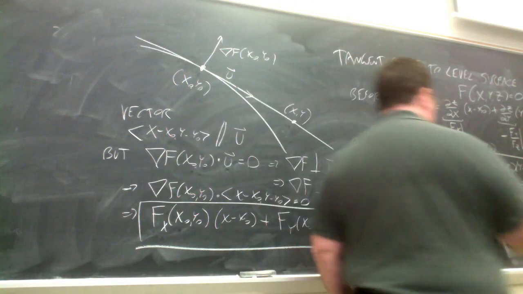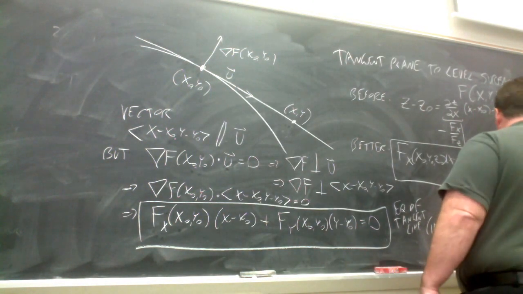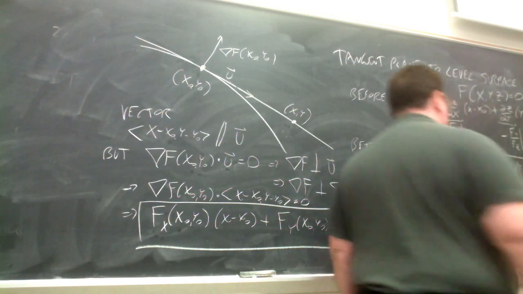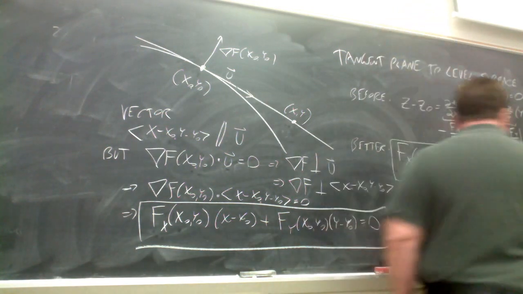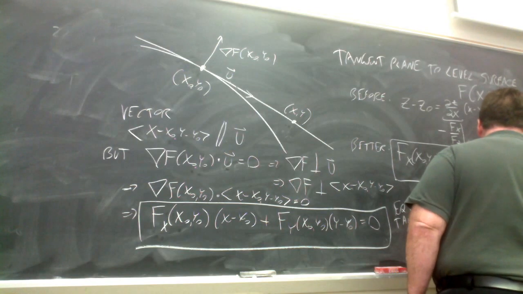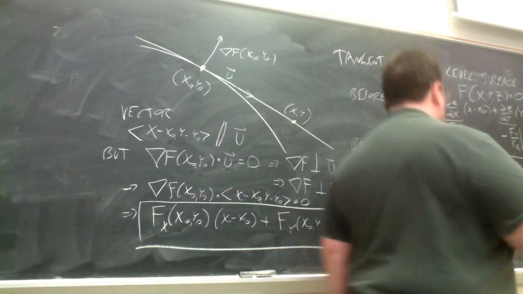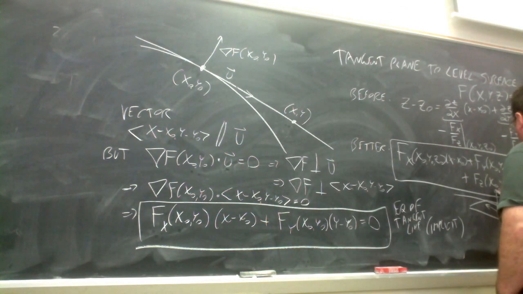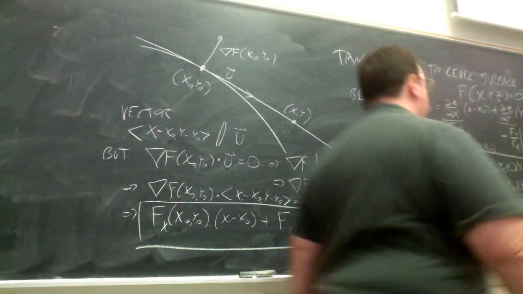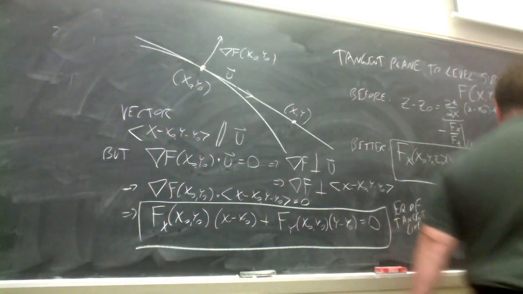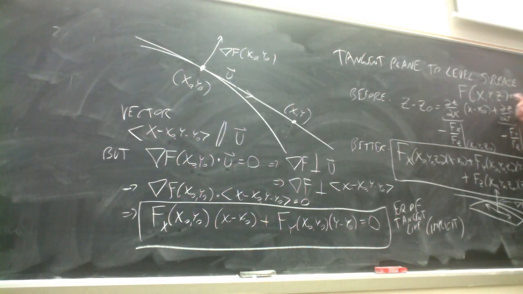Geometrically, what's happening is, here's your surface, here's your point of tangency, here is your tangent plane. I could have any vector, like my vector u, sitting within that plane, and the gradient is normal to that plane. Within the surface, big F is a constant function.